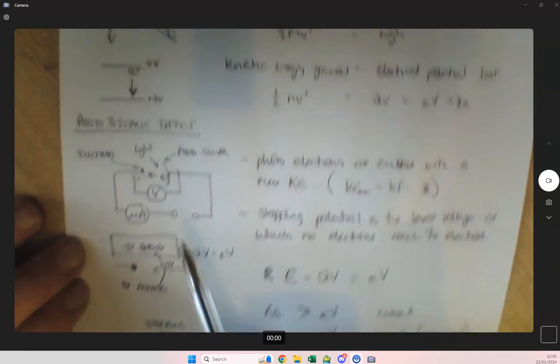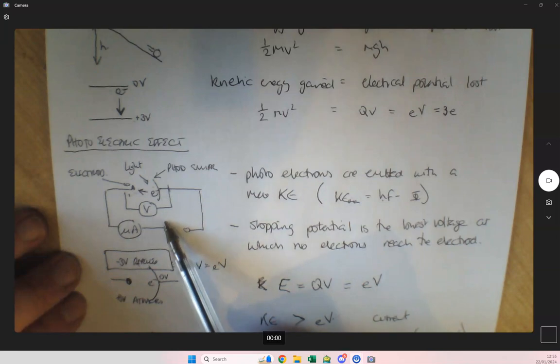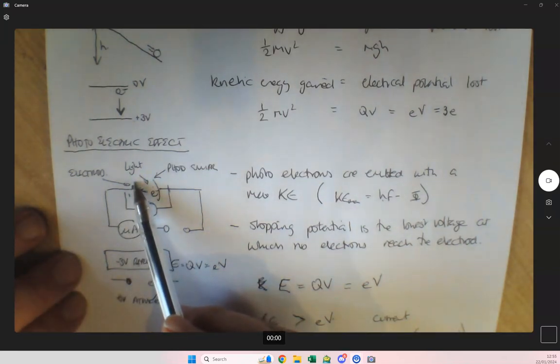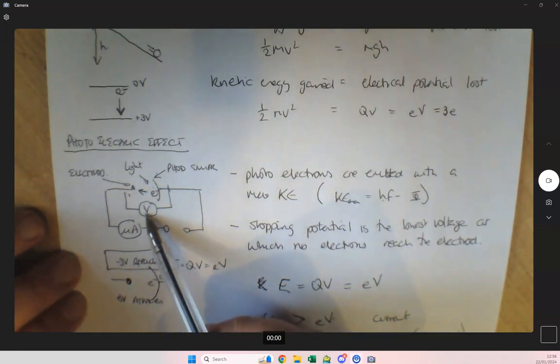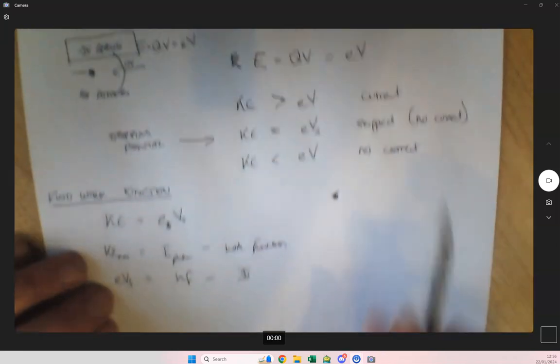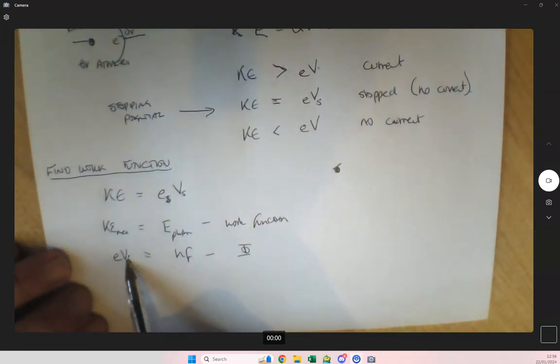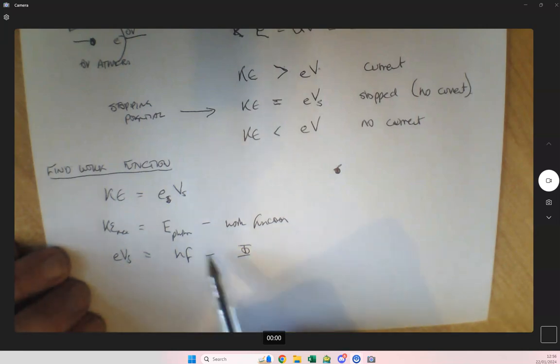So, if we set up this circuit, we can know the frequency of the light we put in, relatively straightforwardly. We can measure the stopping voltage, relatively straightforwardly. So, if we know the stopping voltage, we obviously know the charge on the electron, we know the frequency of the light, we know Planck's constant.